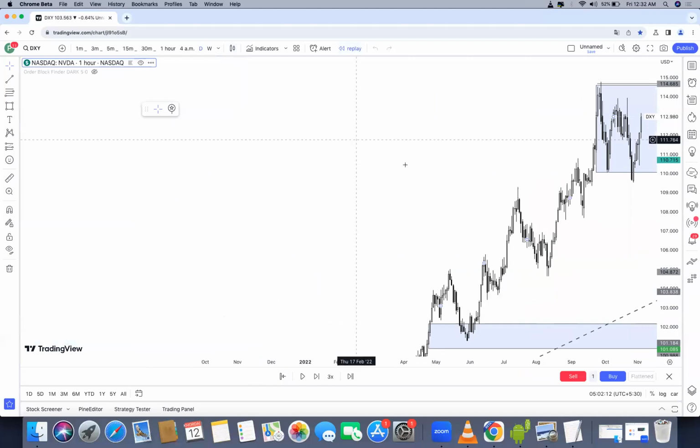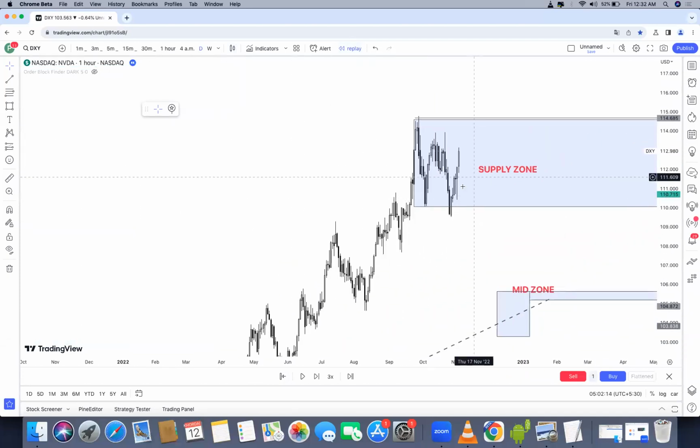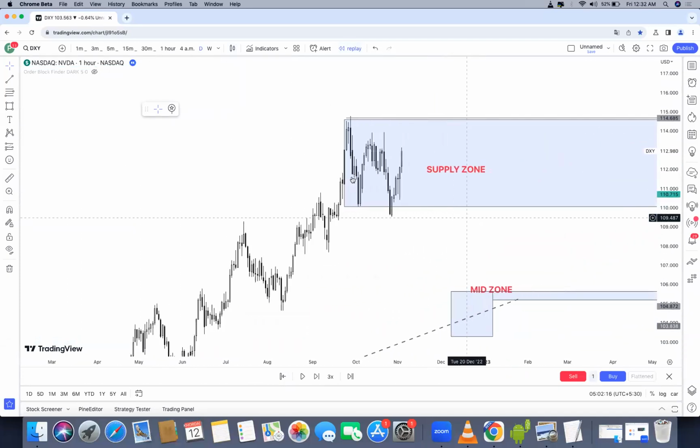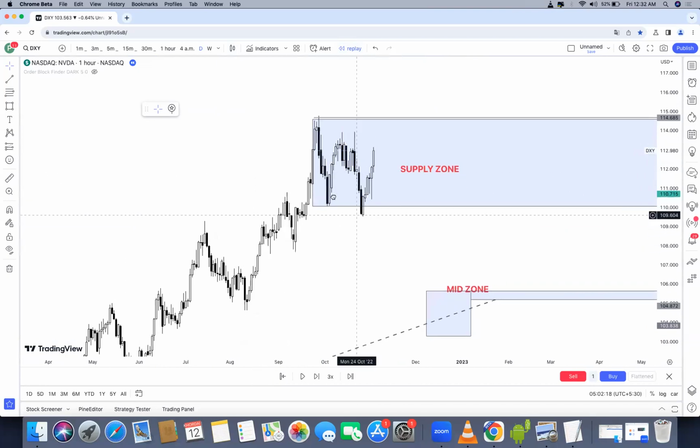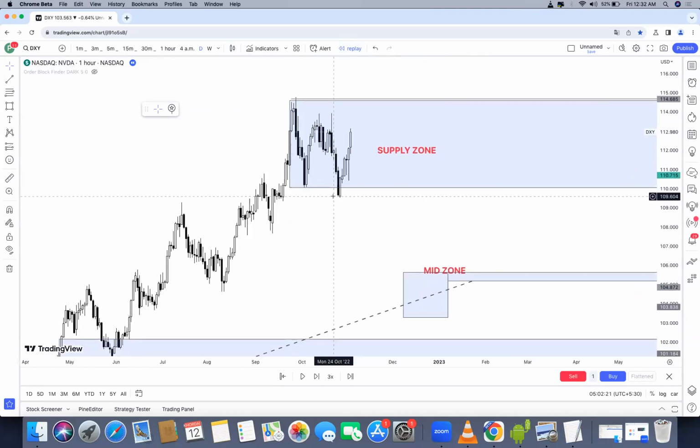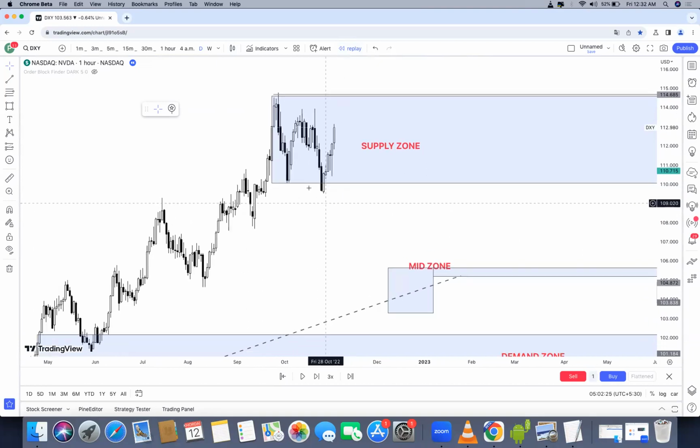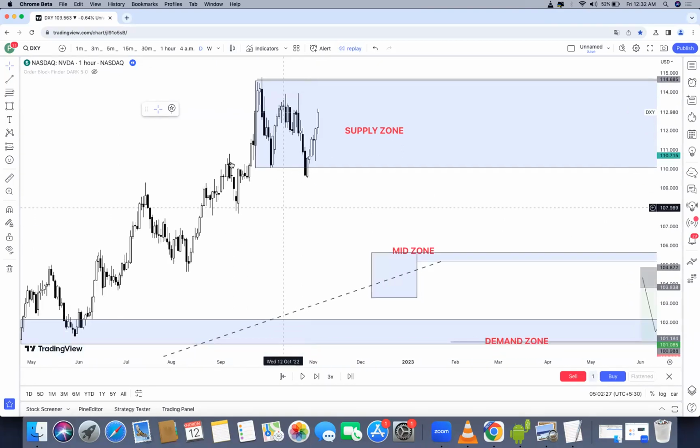Now we know that this is a supply zone because the market is ranging and we've seen the base, but we want to get our entry, right? We want to do our setup and look for how we're going to make our entry. So let's press the play button.